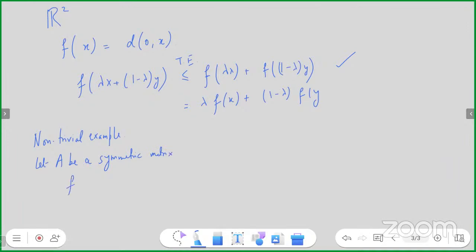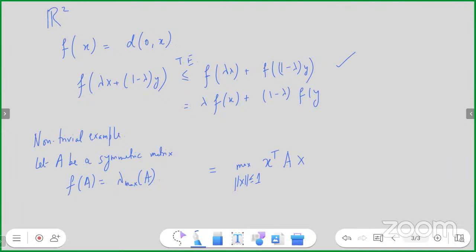Then f of A is the lambda max of A. You know that the maximum eigenvalue of A is nothing but this optimization: take A, pre-multiply by x transpose, post-multiply by x, and maximize over all possible x.